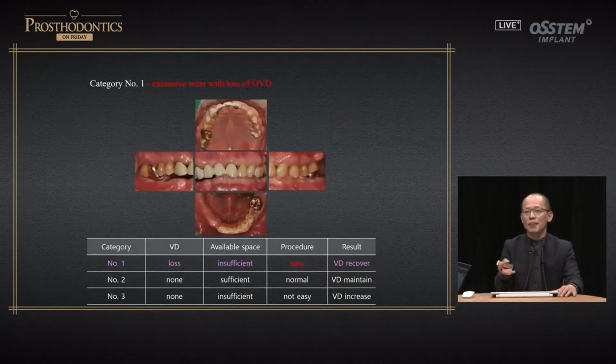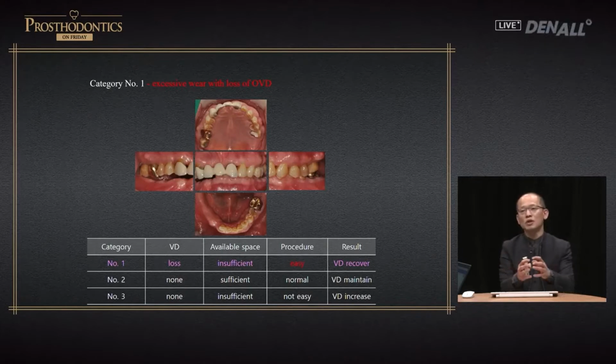As you can see, there's a loss on the posterior side, and you see a lot of wear here. There's excessive wear happening very quickly, and VD needs to be recovered. And you have to think about the space, whether it's available.